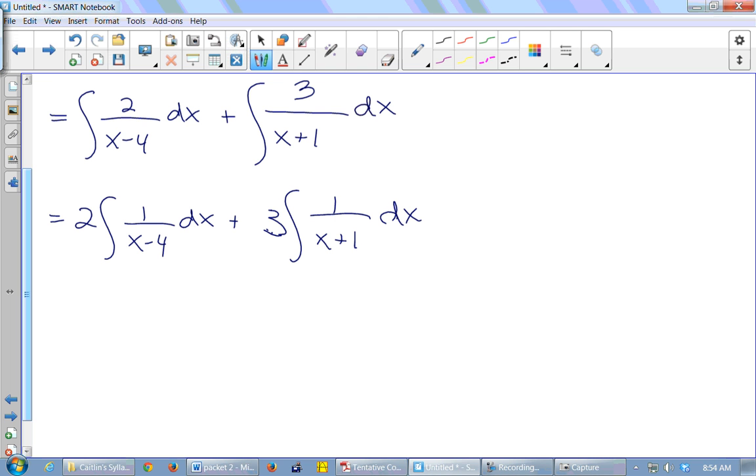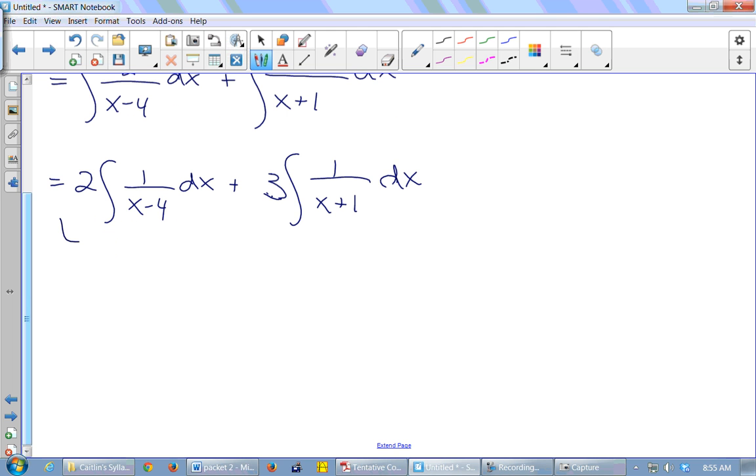Okay, now what? How do I find those two integrals of 1 over some stuff? I could use a u substitution, right? What would you let u be? Yeah, x minus 4 and the x plus 1. Yep. So this would end up being like a 1 over u, and the antiderivative of 1 over u is ln absolute value of u. Okay.